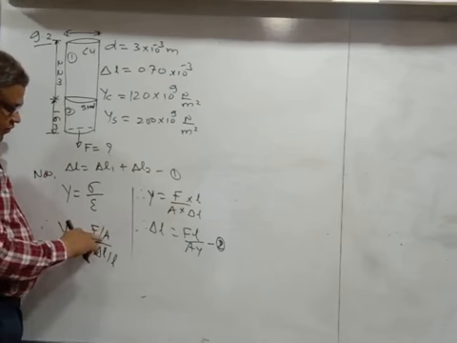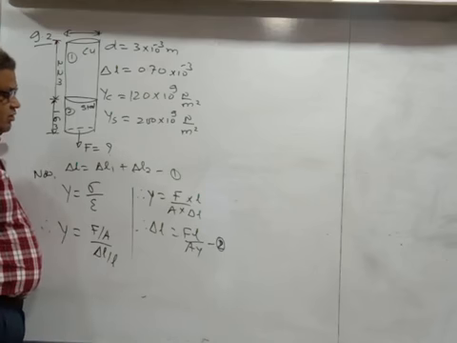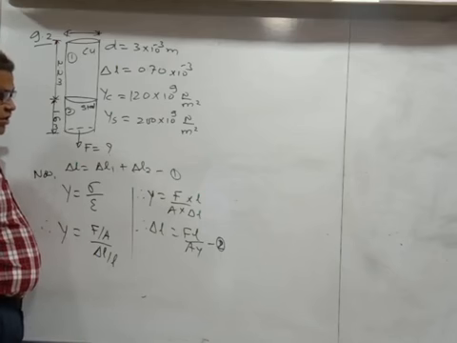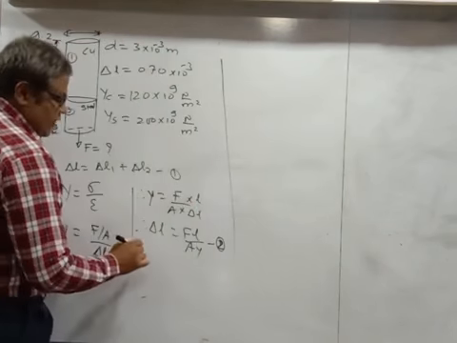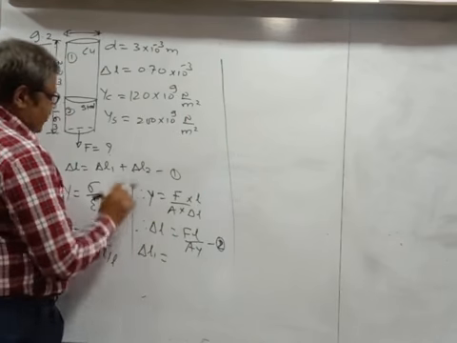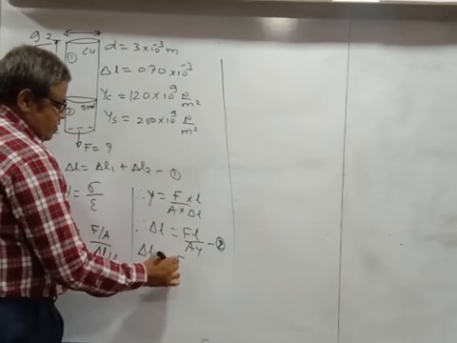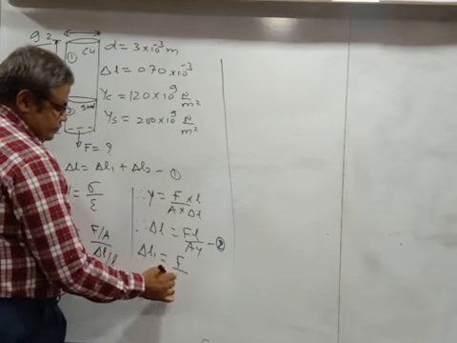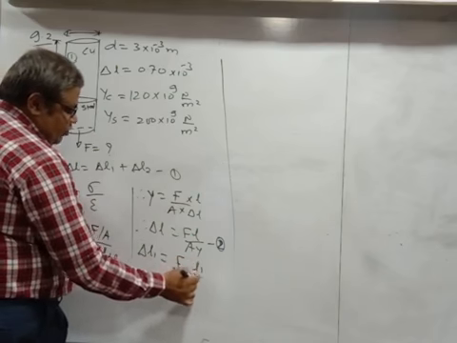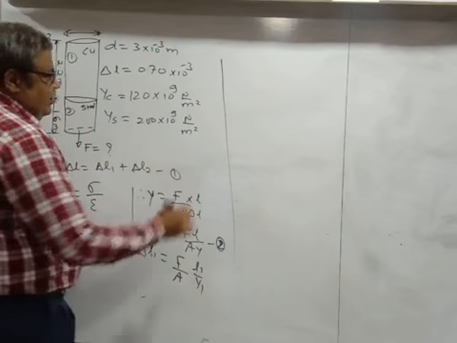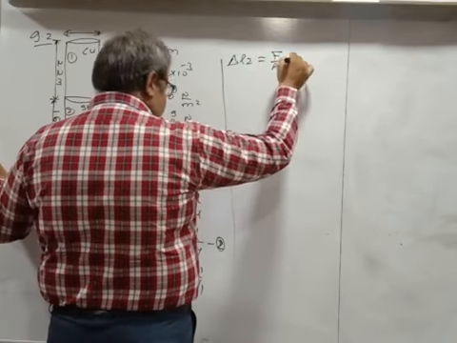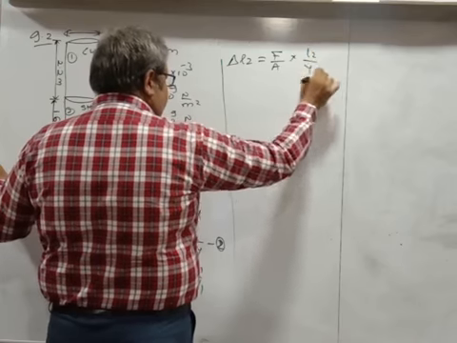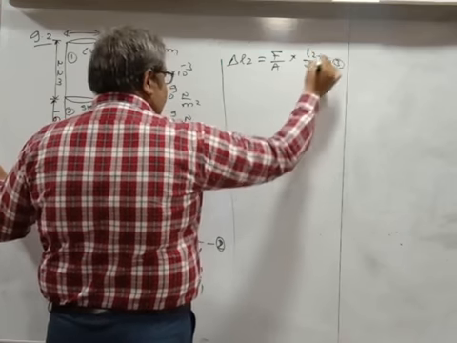So Y is equal to F upon A into delta L by L. So Y is equal to F into L upon A into delta L. So delta L comes out to be F L upon A Y. Now here delta L1, that is elongation of number 1, is F upon A into L1 upon Y1, we will write like this, and delta L2 can be written here as F upon A into L2 by Y2. Okay, let us say this is our equation number 3.